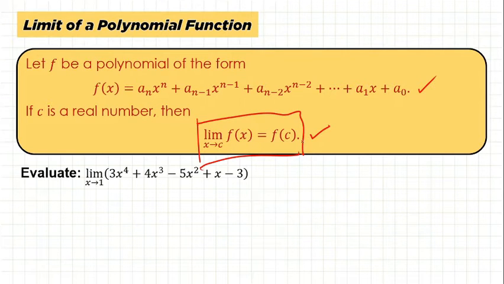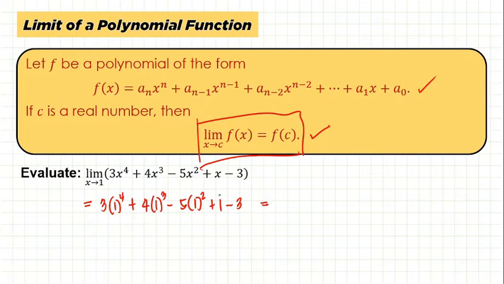Therefore, if we have the limit of 3x to the power of 4 plus 4x cubed minus 5x squared plus x minus 3 as x approaches 1, the limit will now be equal to, ang gagawin natin, we will just do direct substitution. So we have 3 times 1 to the power of 4 plus 4 times 1 cubed minus 5 times 1 squared plus 1 minus 3.